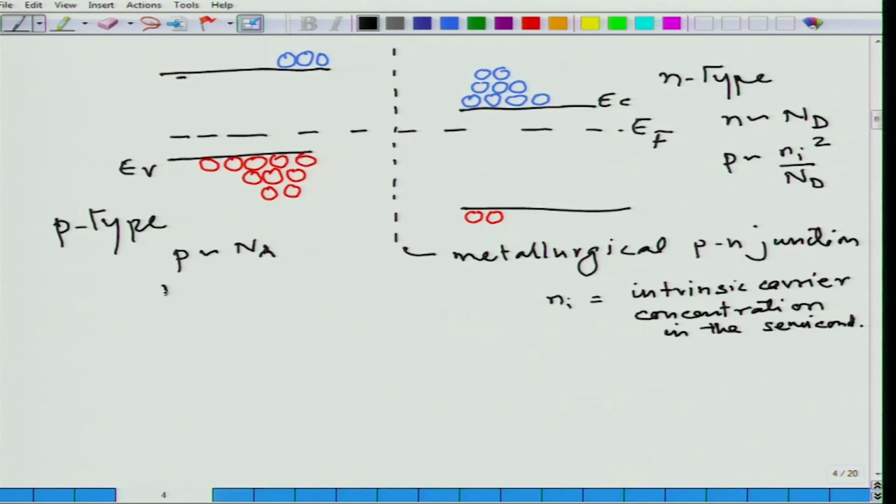Similarly, one can write about the electron concentration in the p type, and that is given by this.